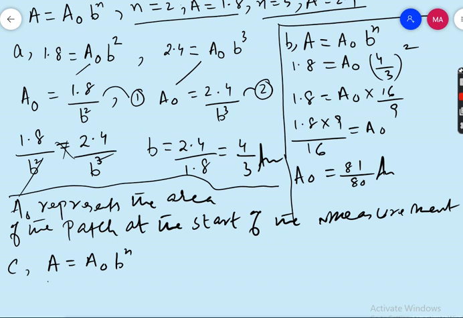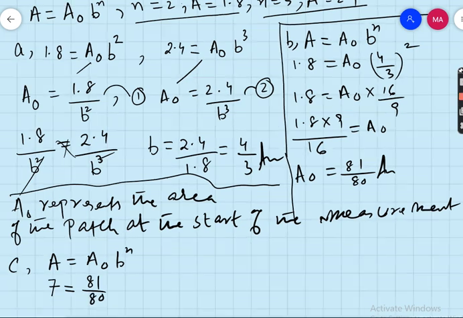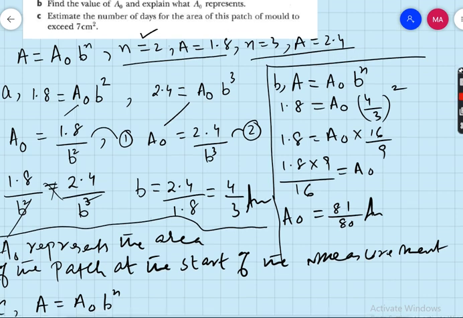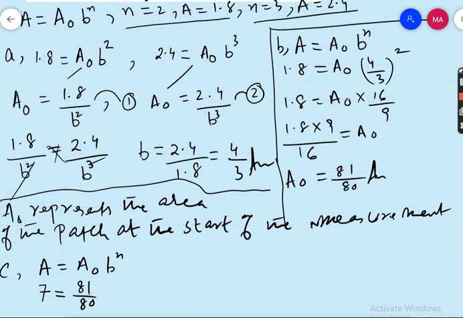And in this question, the value of A is given, which is 7. The value of A naught we have already found, which is 81 upon 80. See the question again. Estimate the number of days for the area of this patch of mold to exceed 7 centimeter square. Kindly wait, first I will solve myself.